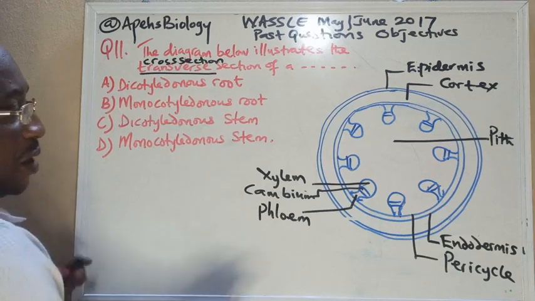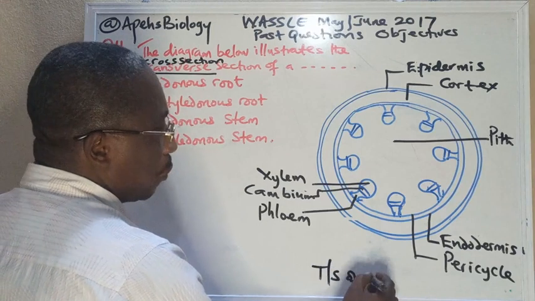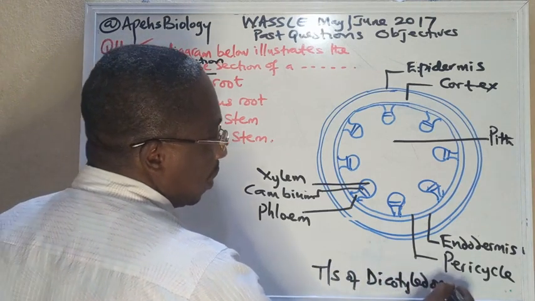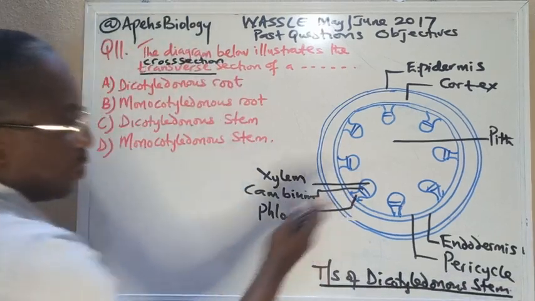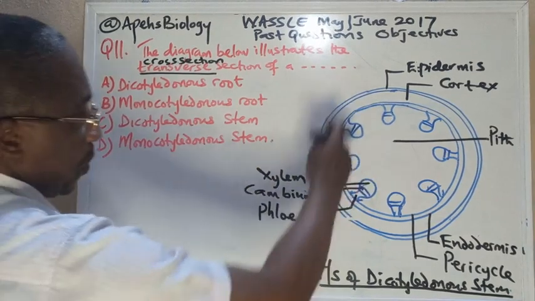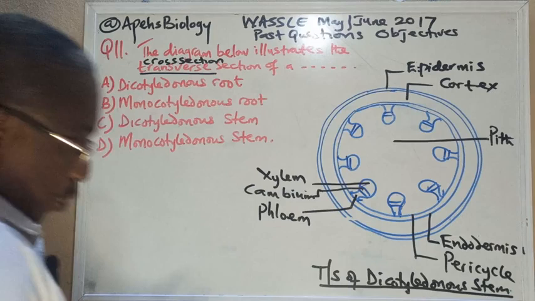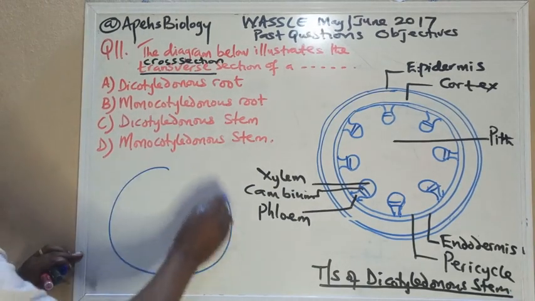So what we have here is actually the diagram of the transverse section of what is known as a dicotyledonous stem. So the dicotyledonous stem is what has this particular shape with a central pith and the vascular tissues arranged like that. But if it is a monocot plant, you see that the monocot stem has something like this.